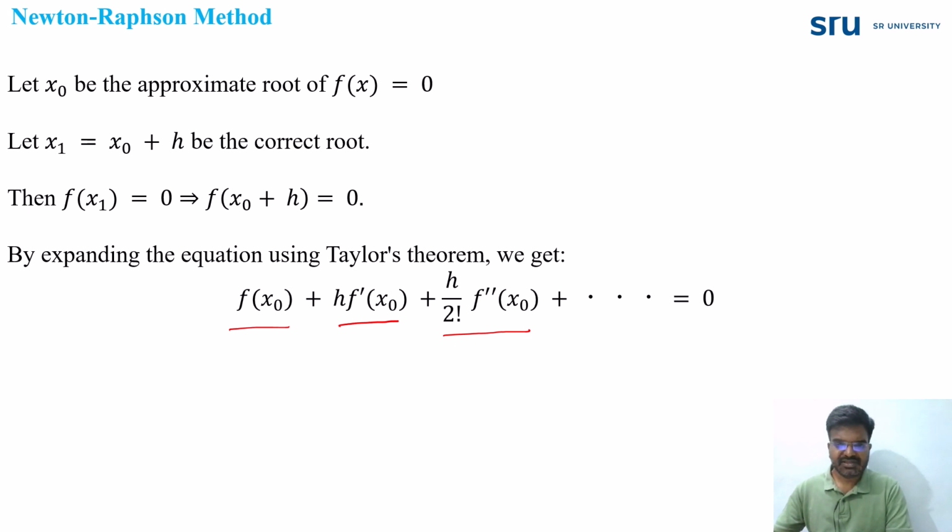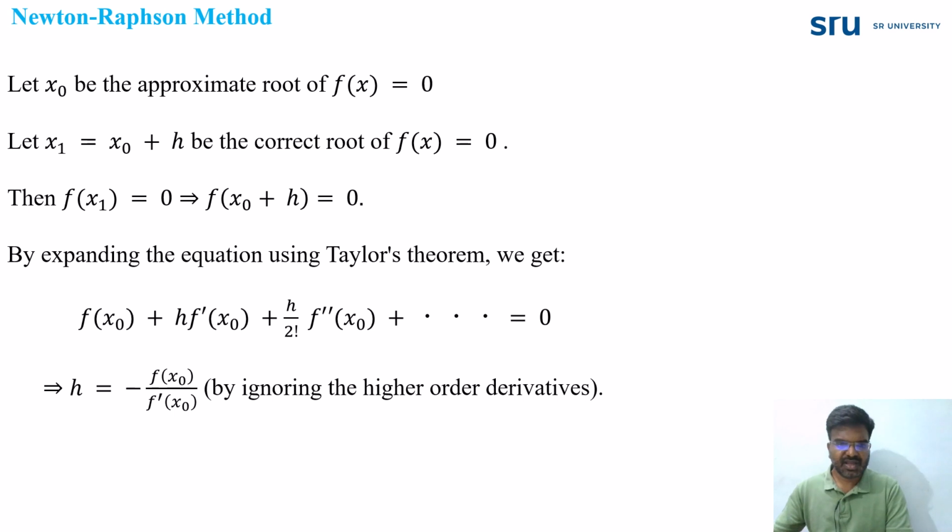From this equation, we can write h equals to minus f of x naught by f dash of x naught. See, we have to ignore the higher order derivatives, meaning we are not considering f double dash, f triple dash, and so on.